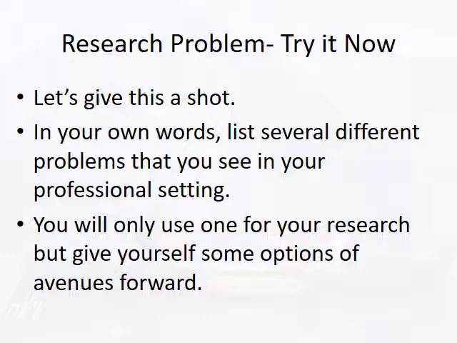So when I tell you I think you should be writing 3 or 4 different root problems, you're only going to choose one of them in the end. This is simply to give you one more option on that research dollar menu, and say, I like this root problem, I think I want to go this way, but I also like this one. So you give yourself some different options.